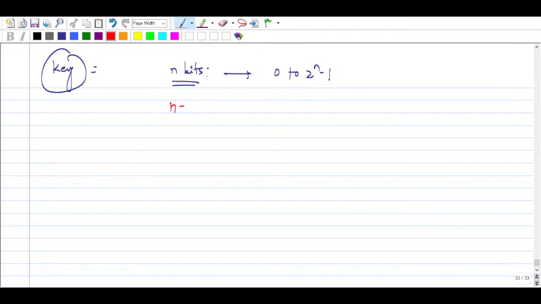Suppose you have got n equal to 4 bits. The maximum you can represent is 0 to 15. N equal to 8 can represent in decimal 0 to 255.